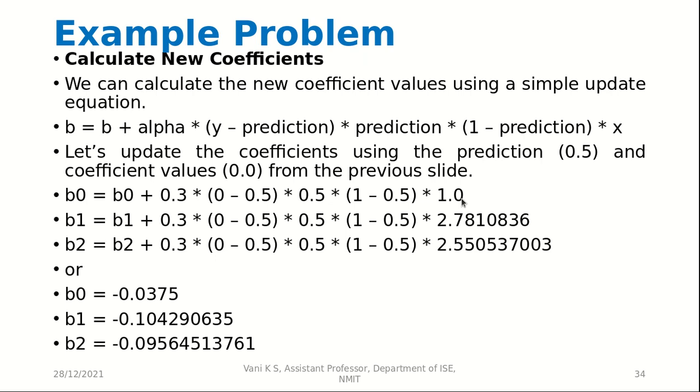Similarly for b1, we take x1 here. So for b1, the new value will be previous b1 plus learning rate into actual y minus prediction into 1 minus prediction into x1. Then for b2, it will be b2 plus learning rate into actual y minus prediction into 1 minus prediction into x2. So this is one more formula that you have to keep in mind, because these numericals are a must.